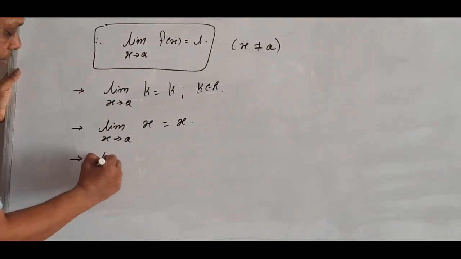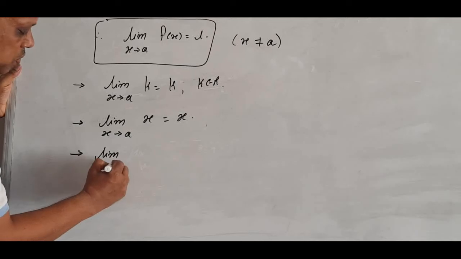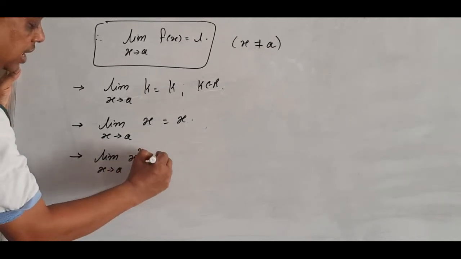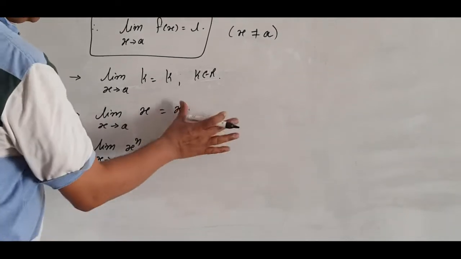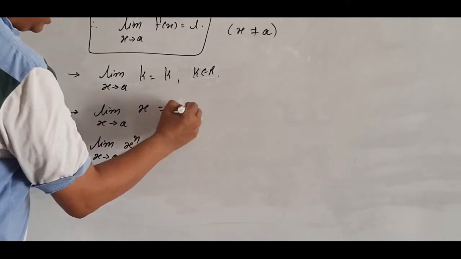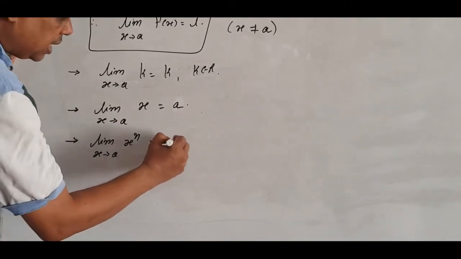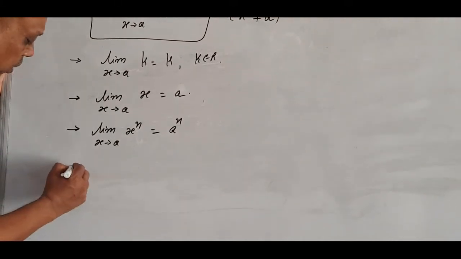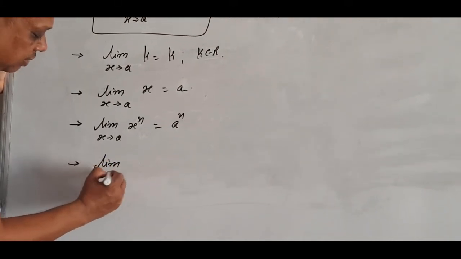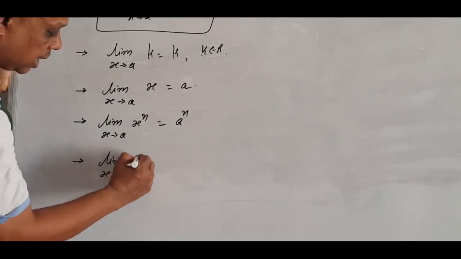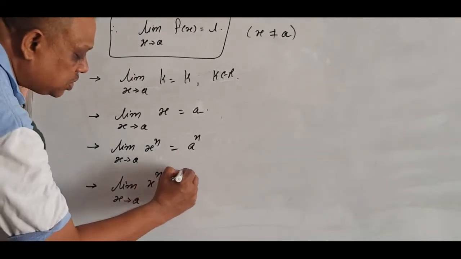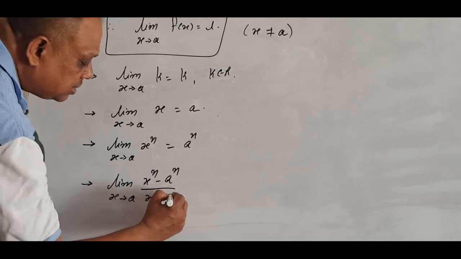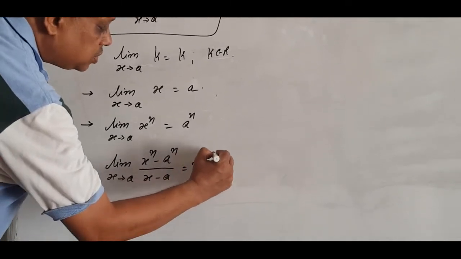Even you can say limit of x tends to a, x raised to n is what? x is a, sorry. x tends to a is what? a raised to n. Some basic rules you have seen in the 11th standard. Limit of x tends to a, (x raised to n minus a raised to n) upon (x minus a) is n times a raised to n minus 1.